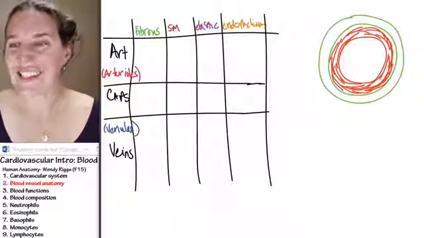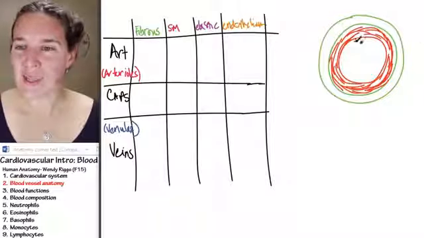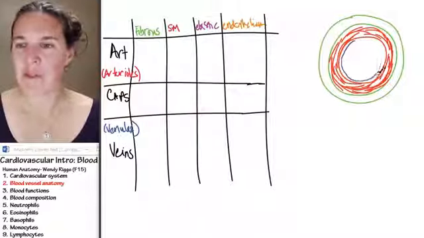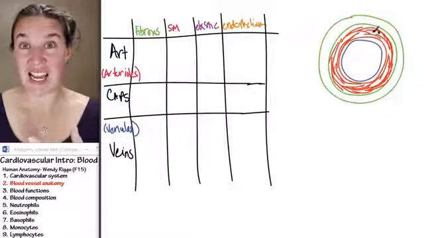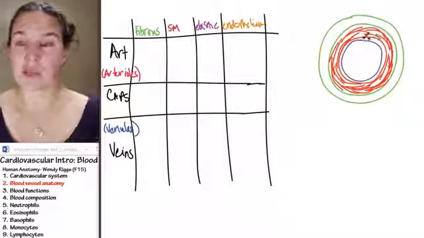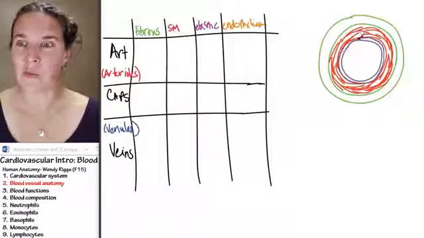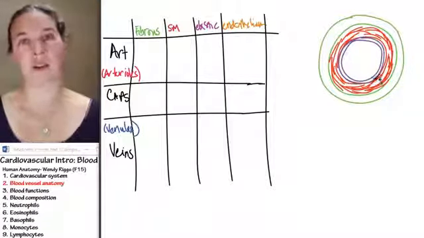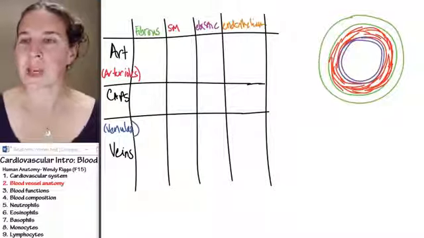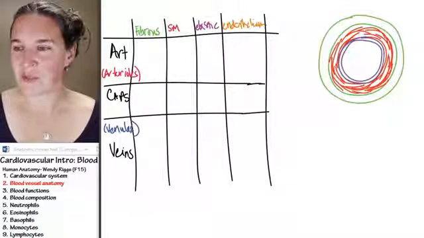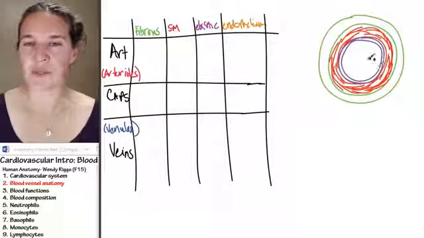Our elastic layer, the elastic component, can be found in multiple places. It can be found mixed in with the smooth muscle. But when we look at our slides in lab today, we're going to see a really awesome example of an elastic layer. And so I like to have it all defined for you.